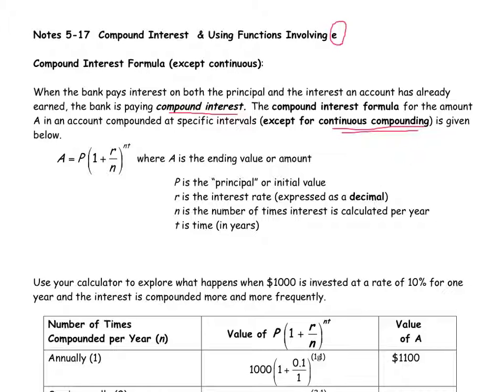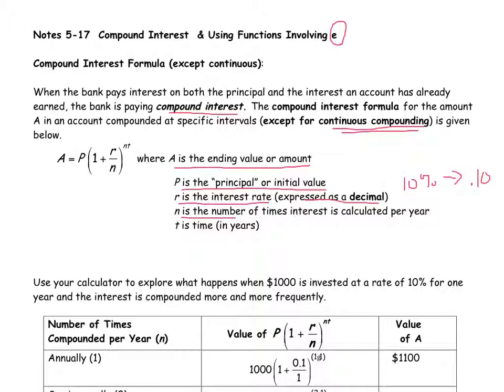Okay, here is what the variables stand for. A is the ending value. P is the principal, which is considered the initial value. R is your interest rate expressed as a decimal. So, if it was 10% interest, you would need to convert that to a decimal, so you would use 0.10.